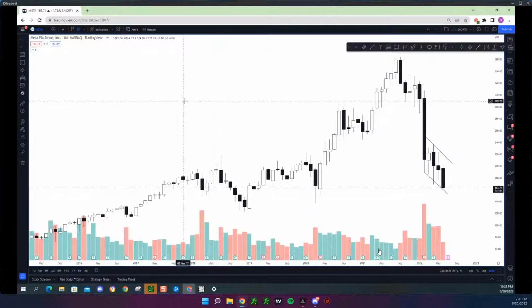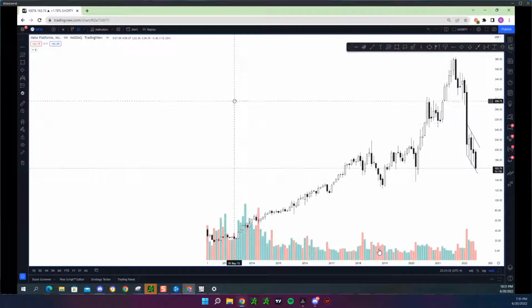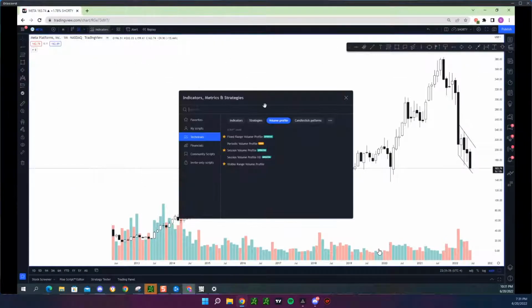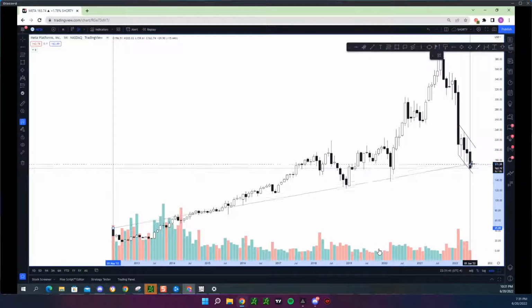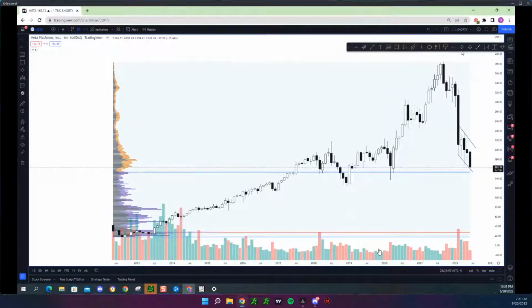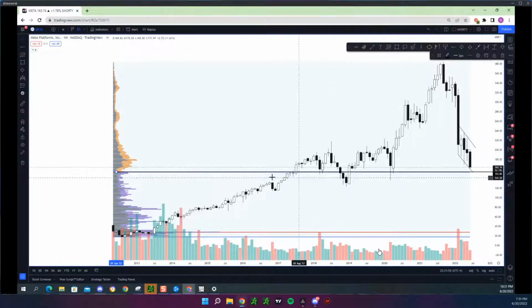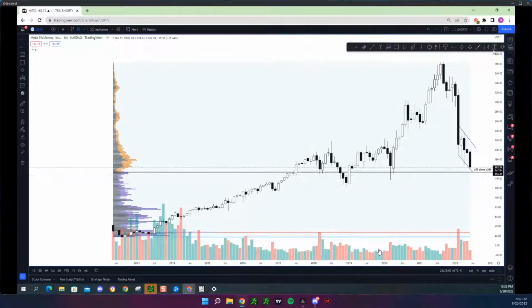Yeah, the monthly candle still has more to go. This is probably where we're going to get a nice bounce on Meta here. You guys see what happened on previous?